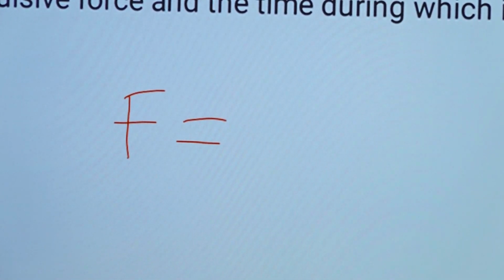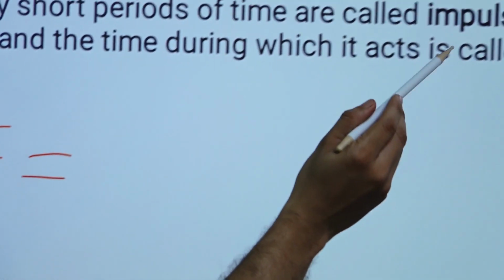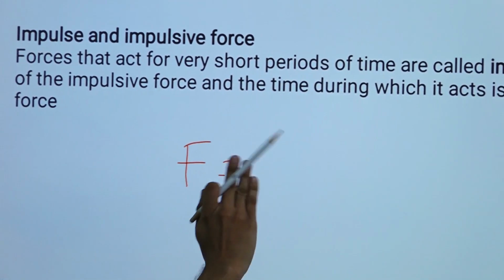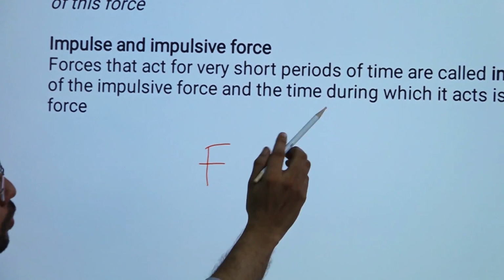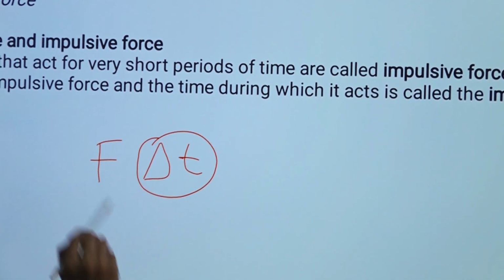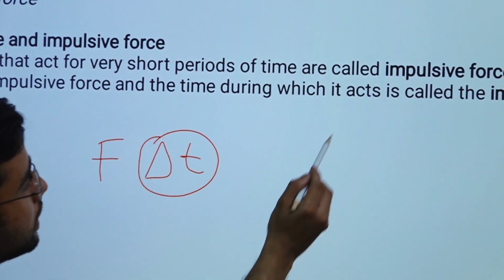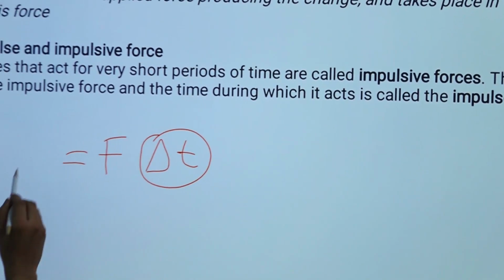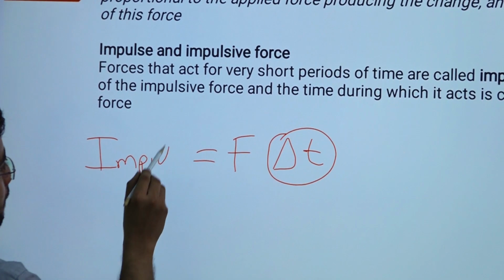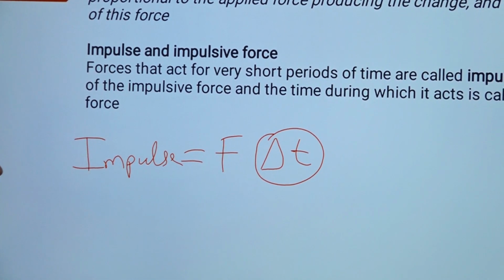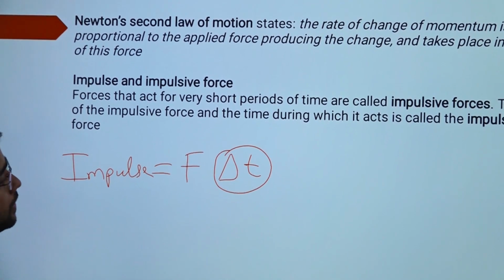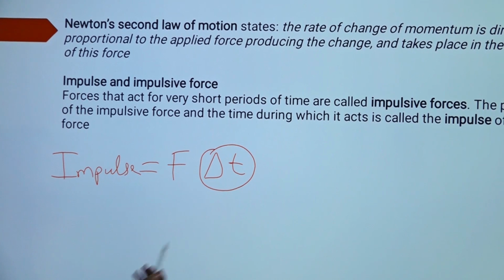Forces that act for a very short period of time are called impulsive forces. The product of the impulsive force and the time during which it acts, delta t, and this delta t is very small, is called impulse. So this is called impulse, F delta t, right? So this will be the formula of impulse.